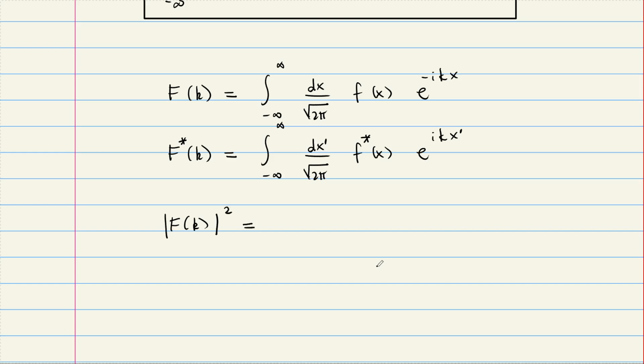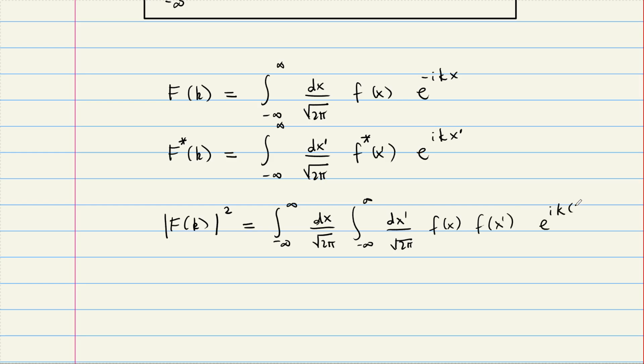On the right hand side, I have the integral from minus infinity to plus infinity dx over 2 pi, and the integral from minus infinity to plus infinity dx prime over 2 pi, f of x, f of x prime, and e to the i k (x minus x prime).